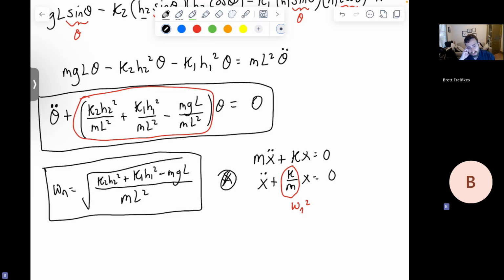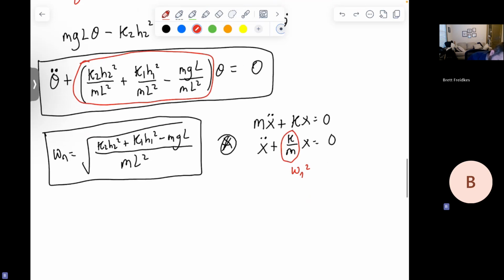Now, what's interesting about this is that depending on this length, because that L cancels one of those L's, depending on the combination of length and gravity and what those stiffnesses are and their distances, it is possible that the square root ends up being negative, which means we would end up with an imaginary frequency. Now, that's not physical. That is a limit for our problem.